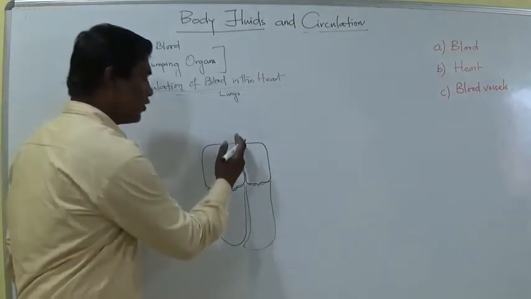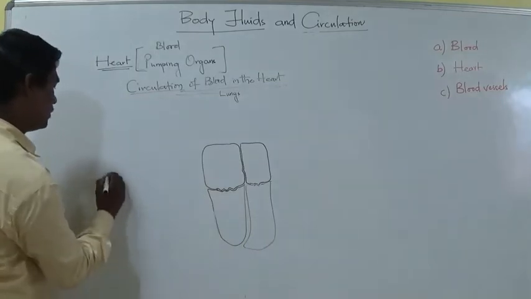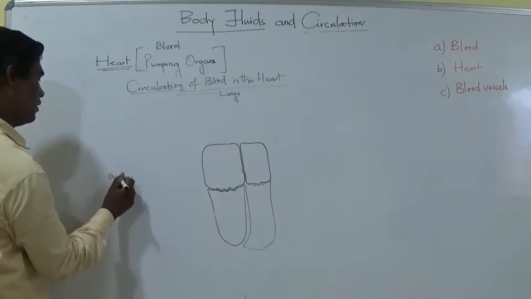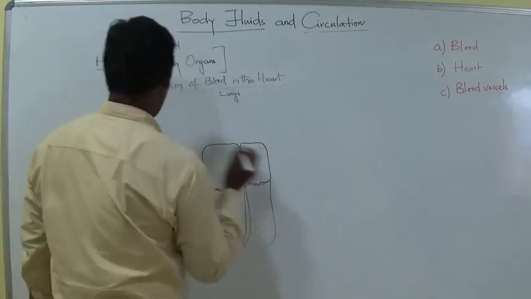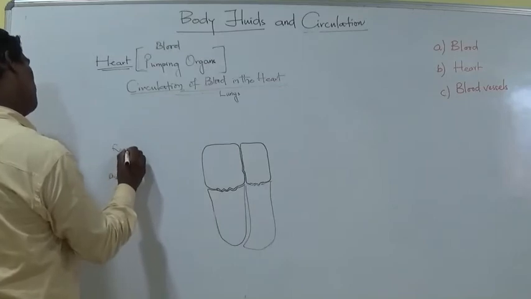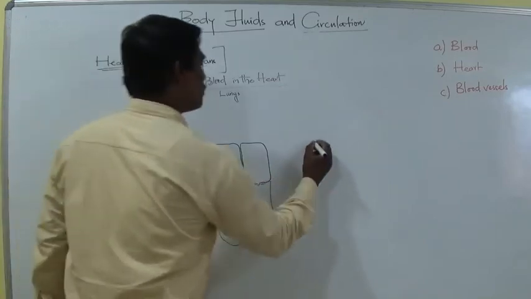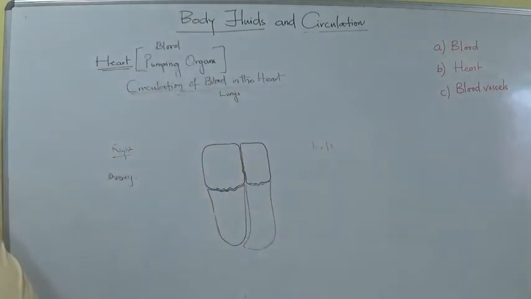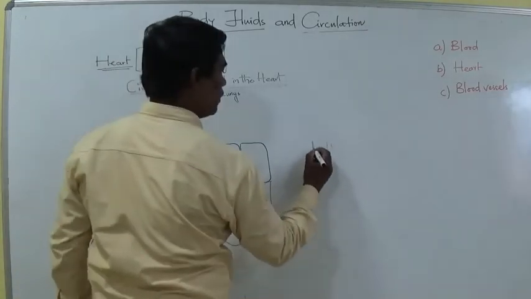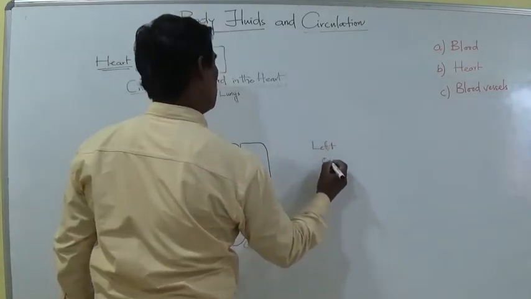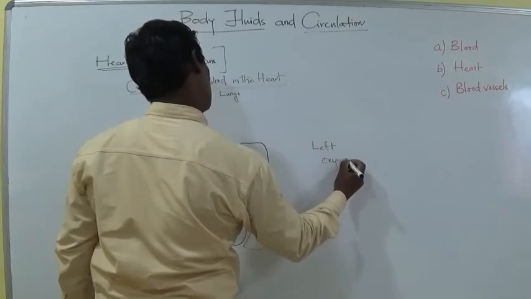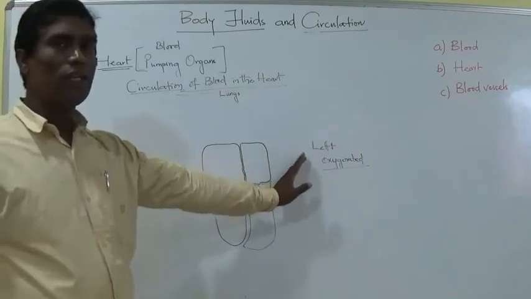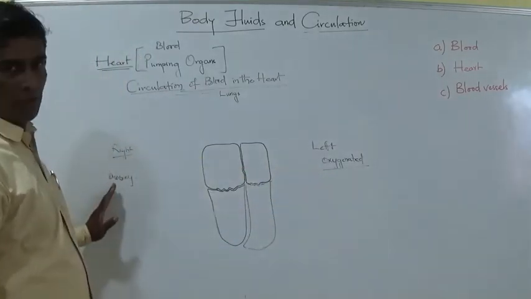So the right side is for deoxygenated blood, whereas the left side is for oxygenated blood. So always remember, left side oxygenated, right side deoxygenated.